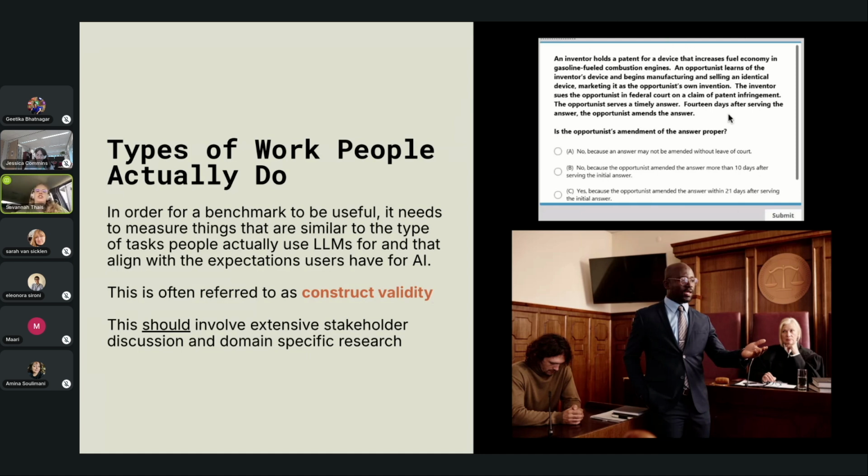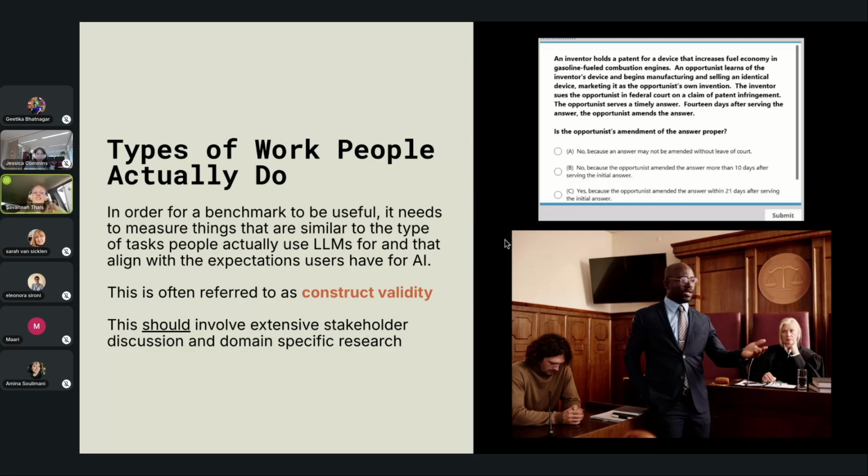You can see here I have a screenshot of a bar question, which is the licensing exam for lawyers in the US. There are quite a few benchmarks, even results reported by the leading tech companies, that say, oh, GPT-4 got 100% on the bar exam, so that means it's an expert in law and it could practice law.